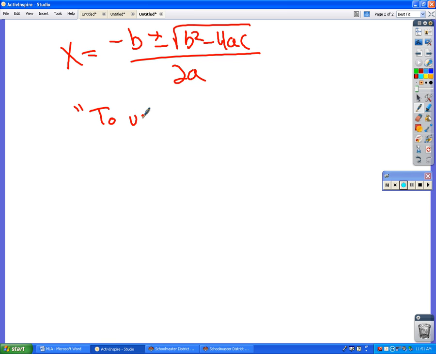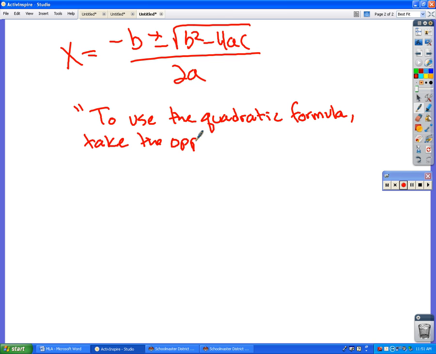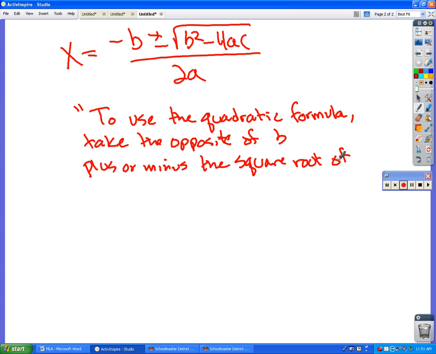It is to use the quadratic formula. Take the opposite of b, plus or minus the square root of b squared minus 4ac.